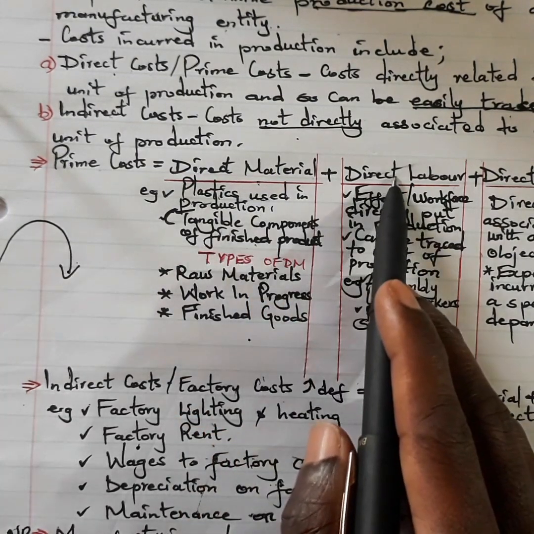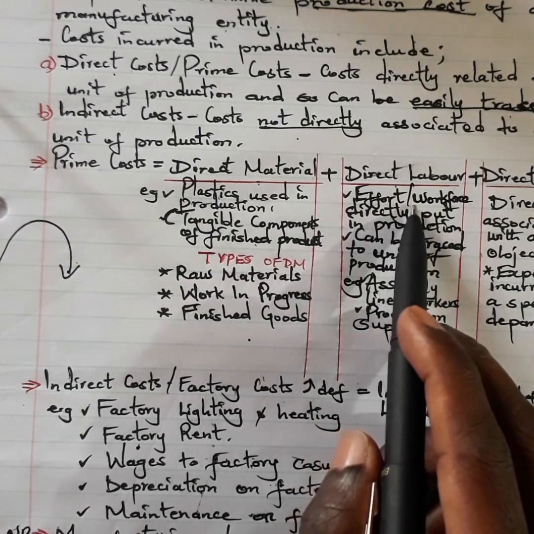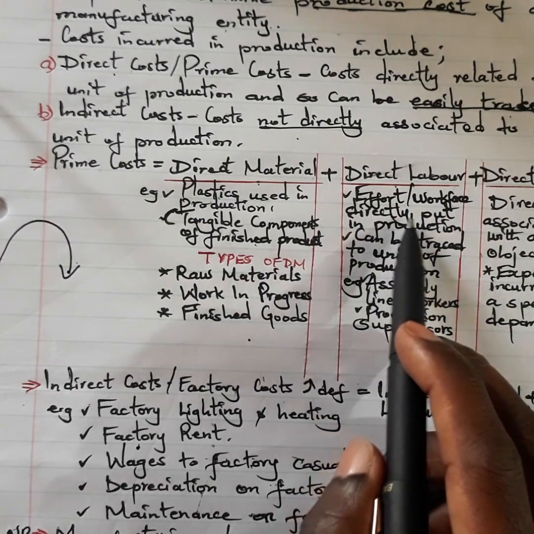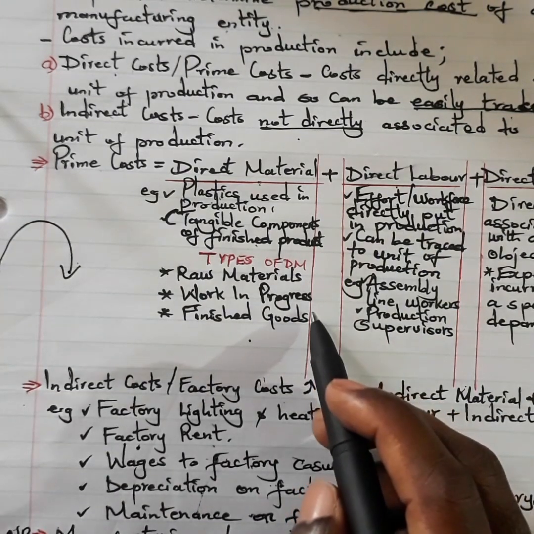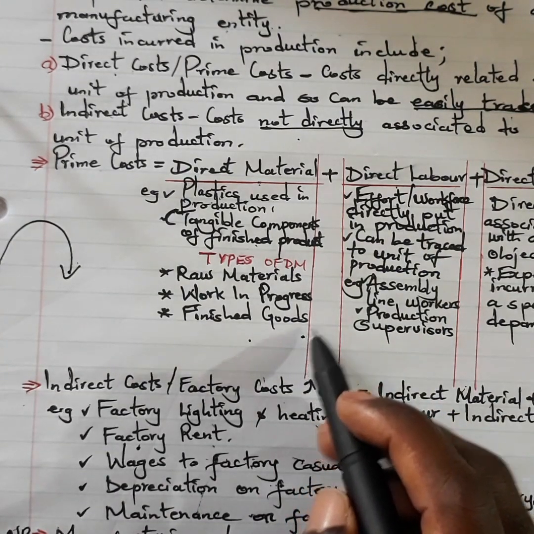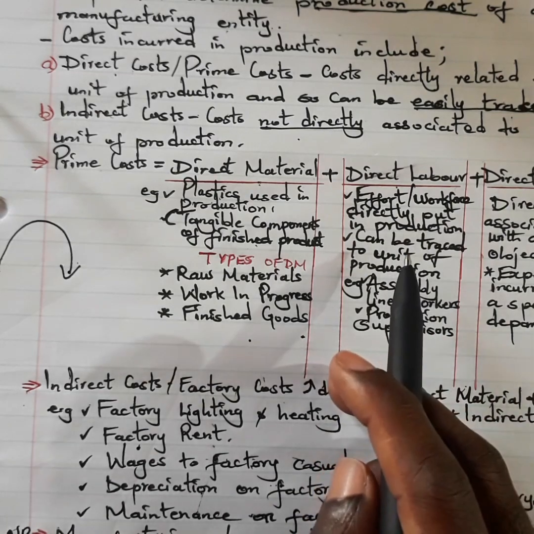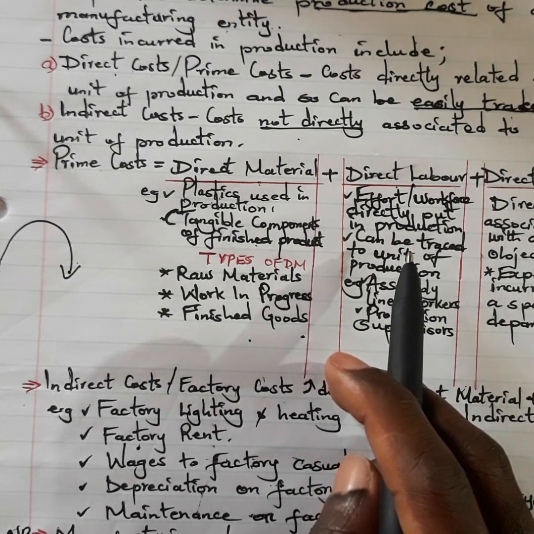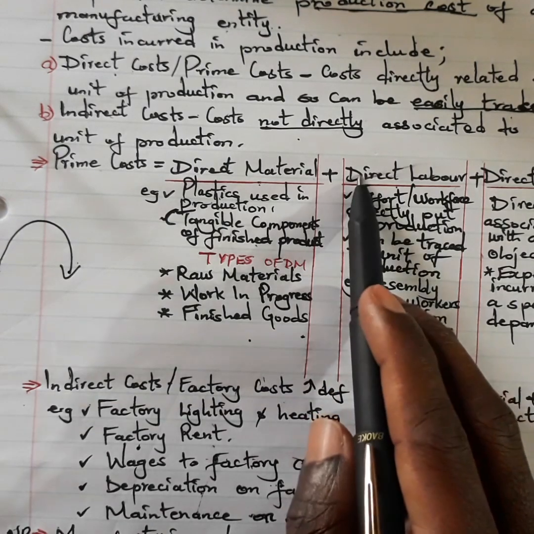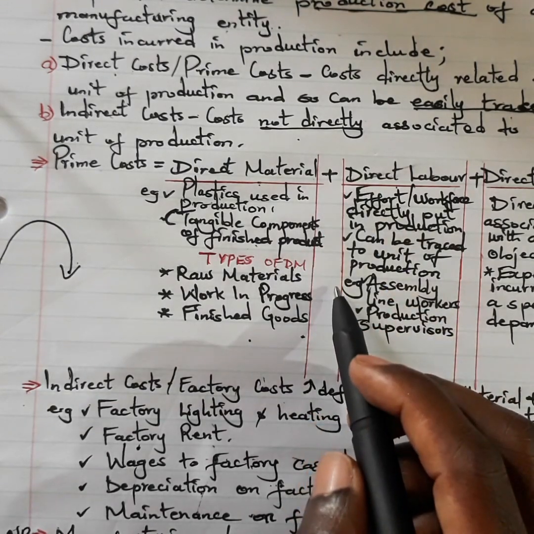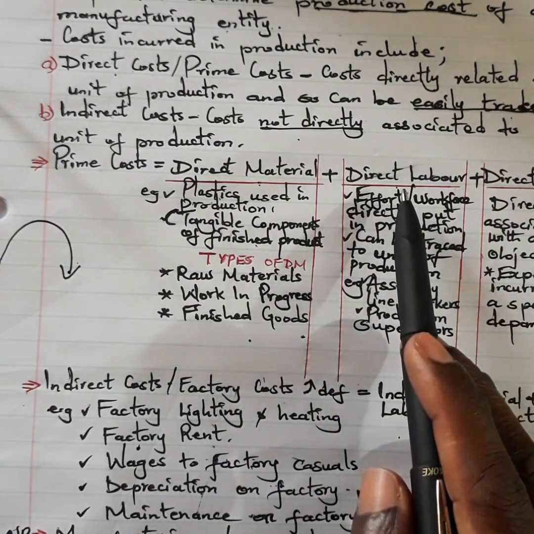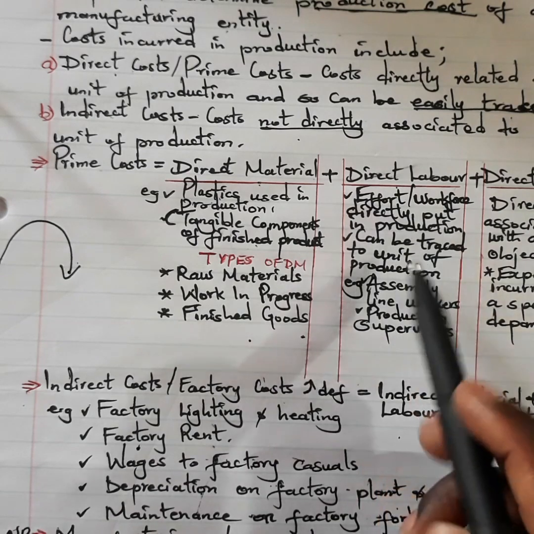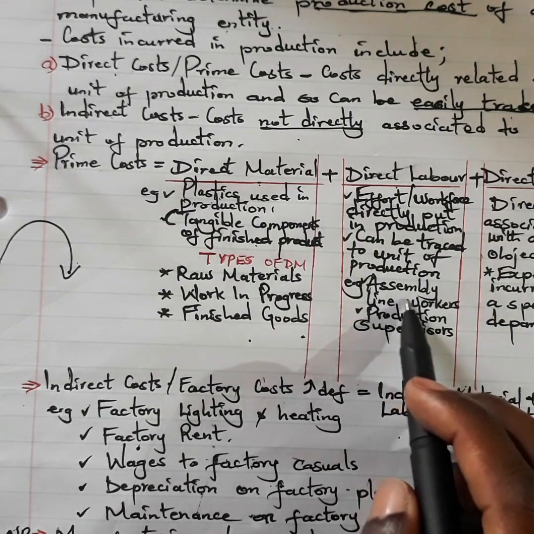Then direct labor refers to the workforce which is directly put in the production process. Now, we have casual laborers, and we have managers, for example. Managers are not involved in the direct production, so they don't fall under direct labor. In fact, labor from managers is indirect labor. We only involve those efforts like the assembly line workers.